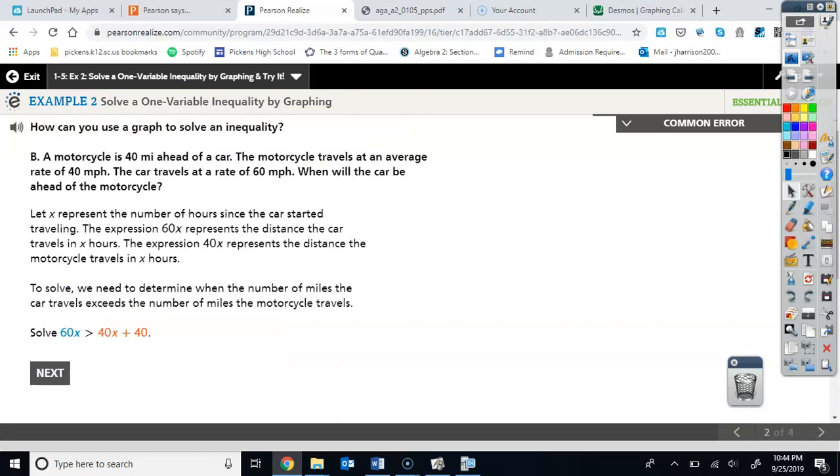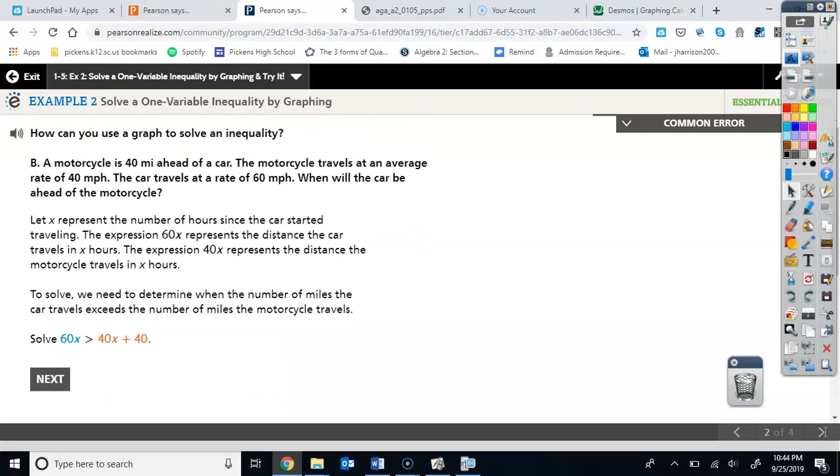If you set up two little expressions, the car is traveling 60 miles an hour. That's 60 times x, or 60 times the number of hours. 40 times x is how much the motorcycle is traveling. 40 miles an hour is 40 times x.